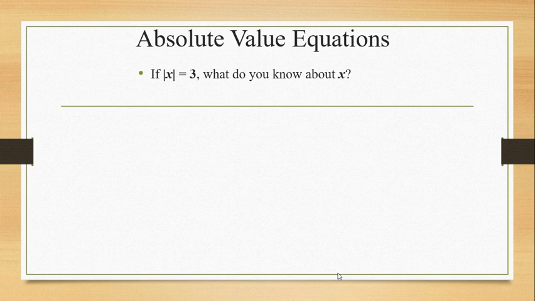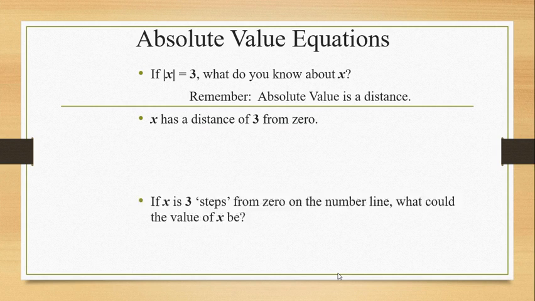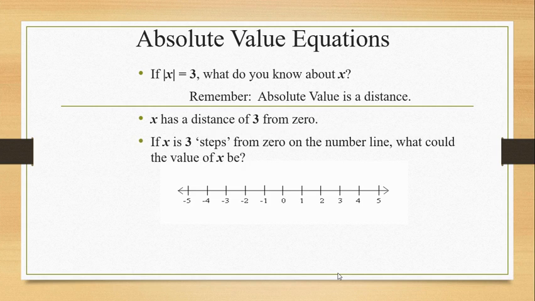Absolute value equations look like this. If the absolute value of x equals 3, what do we know about x? Remember, absolute value is a distance. So x has a distance of 3 from 0. If x is 3 steps from 0 on the number line, what could the value of x be?